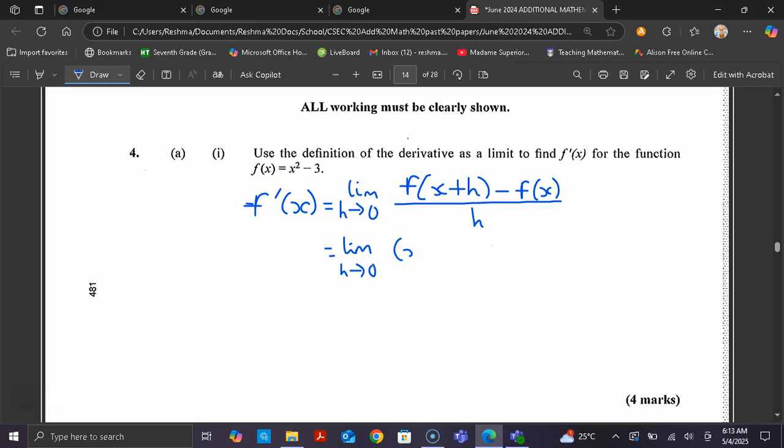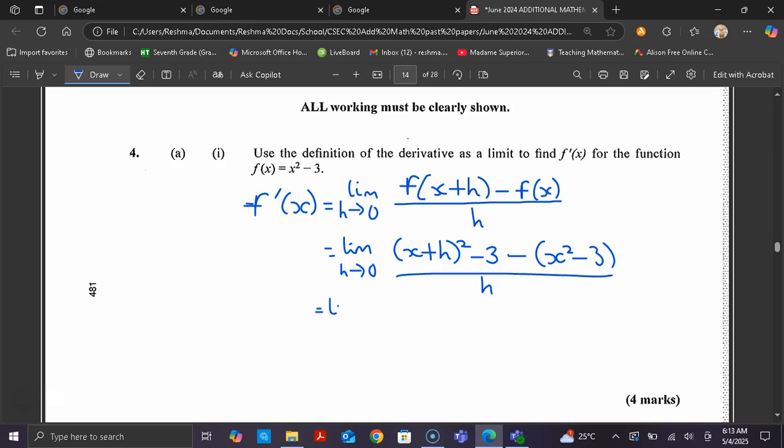So inside the brackets, we're going to have x+h, and of course we're squaring that, and then we're subtracting 3. It's basically just substituting x+h as x in the function. Then we subtract f(x), and I'm going to put it in brackets, and we divide that by h.